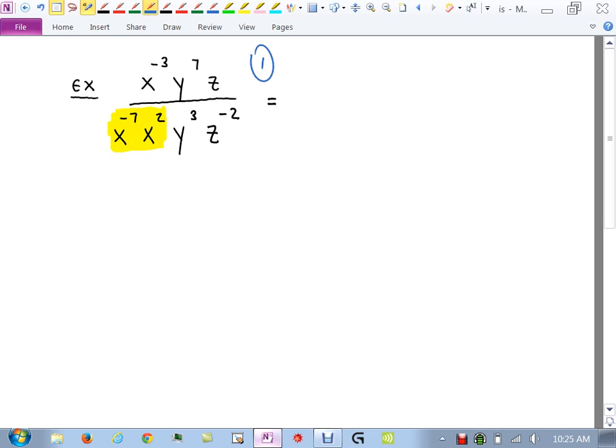So property 1 is going to get me from here to the next one. Now, I'm not doing anything to the top, just leaving it alone. Now, property 1 says I add those exponents, right? What's negative 7 plus 2? Negative 5. Then I have y to the third. Then I have z to the negative 2.